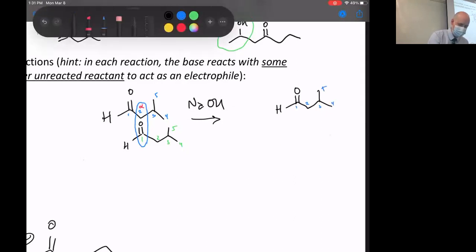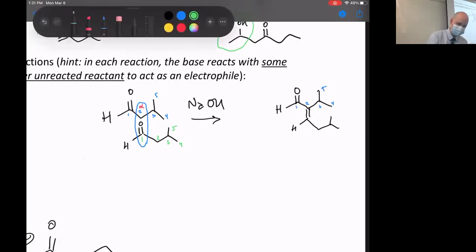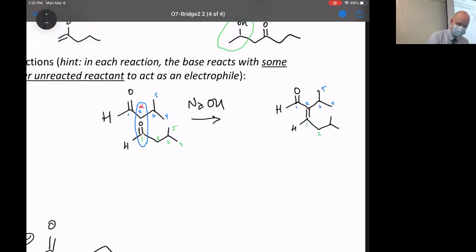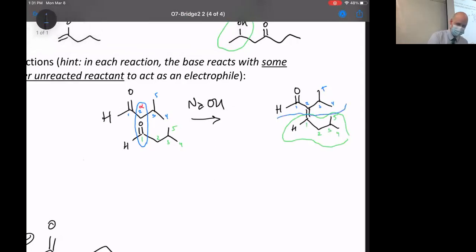Carbon number 2, I will now have a C double bond C to what was your carbonyl in the second molecule that you drew. So all of this part here came from your one, it's the carbon backbone of one part. And then the top part is all just the carbon backbone of the nucleophile. Kind of have the same molecule sandwiched together.